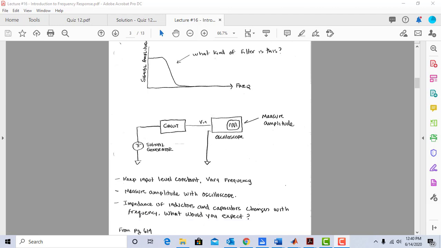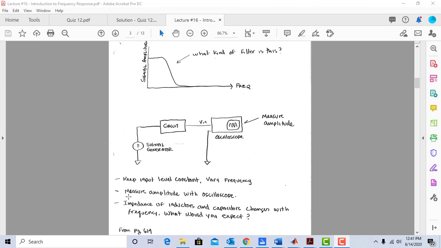I'm going to keep my AC input level constant. So let's say that the input level is going to be 1 volt peak or whatever, but it's going to stay constant with frequency. And then I'm going to measure the amplitude with the oscilloscope. I'm just going to look at the peak-to-peak value or the RMS value or something like that. But I'm going to vary the frequency.